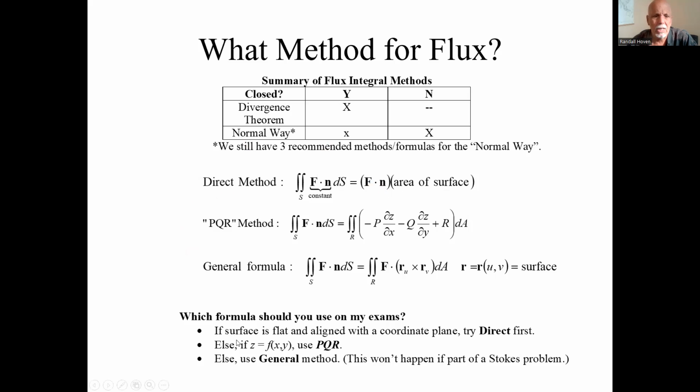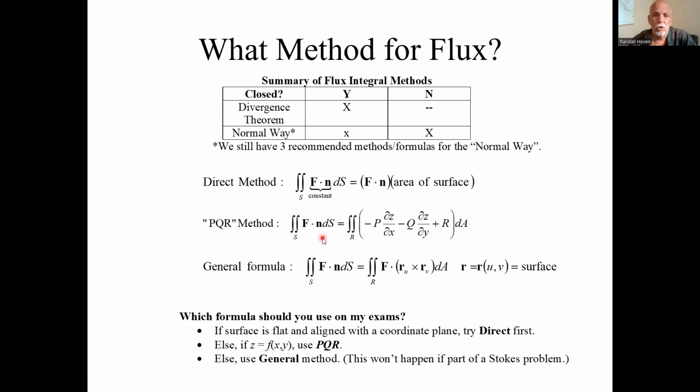On my exams, the big hint was that the surface was both flat and aligned with one of the ordinal planes, the XY plane or YZ plane, one of those three planes. If you can get away with it, you'd like to do the direct method.